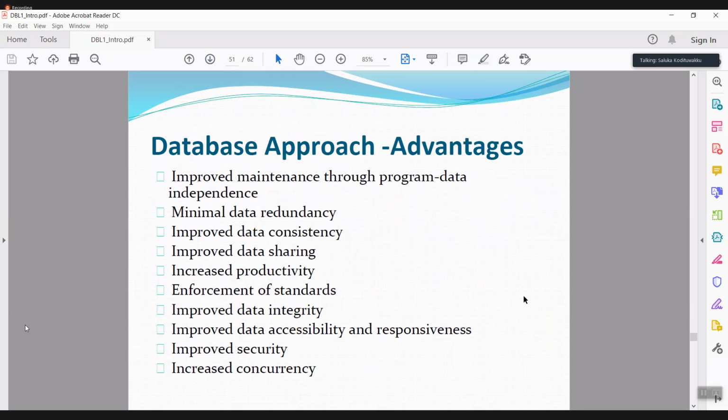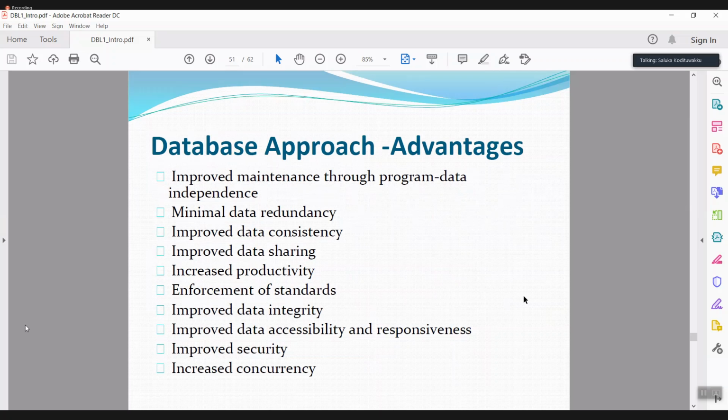And then if we talk about the main advantages of the database approach, here database approach means DBMS based databases, because the file based approach is also a database approach, but now we are not talking about it. What we are talking about is constructing a database using a DBMS.